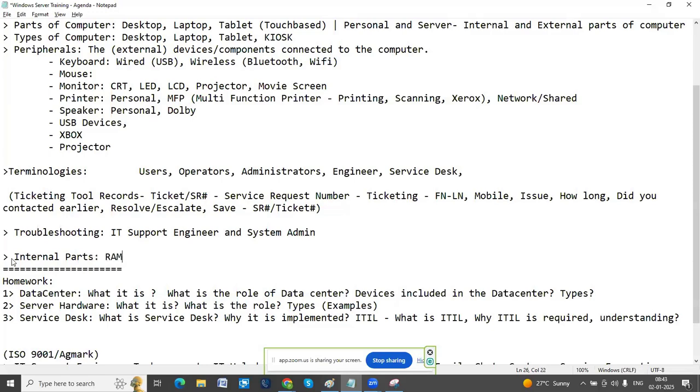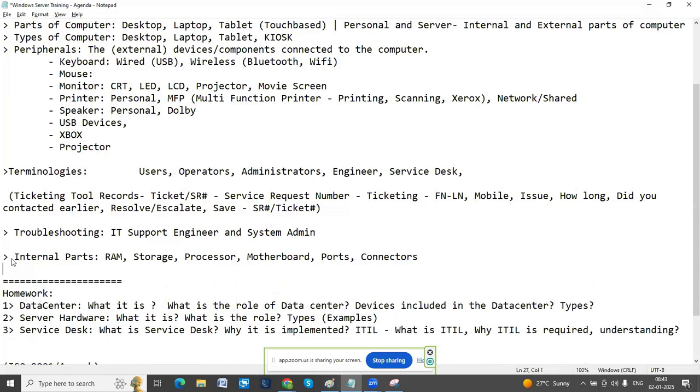Internal parts, as I told you, are RAM, storage, processor or processing, like extended, like motherboard, ports, connectors. All this comes, and again it comes up in types.